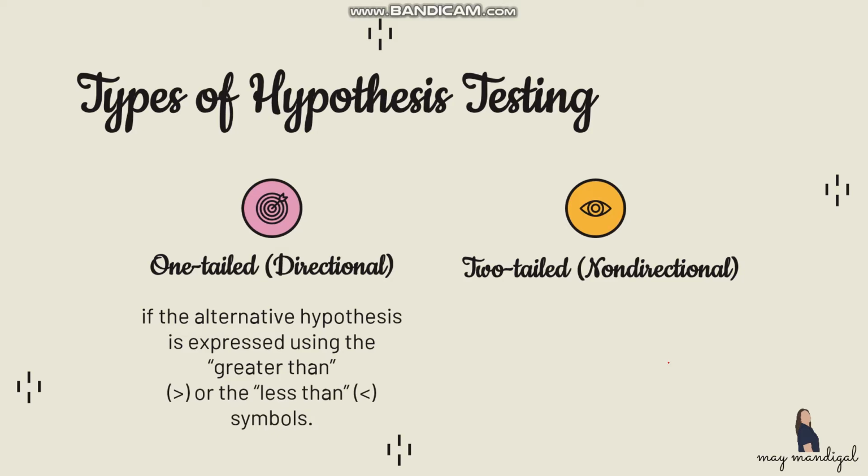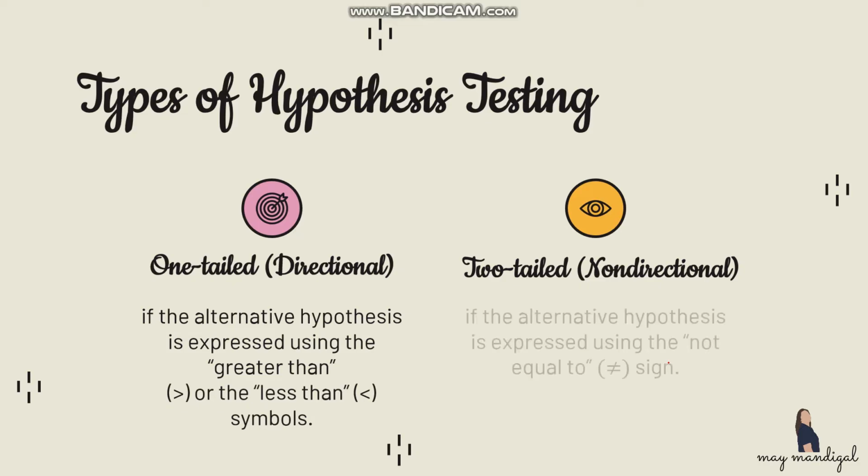The concept here is that we are comparing our population parameter with a hypothesized value, and we want to be specific with the difference of the two. Will it be greater than the hypothesized value, or will it be less than our hypothesized value? That's why it's one-tailed or directional.